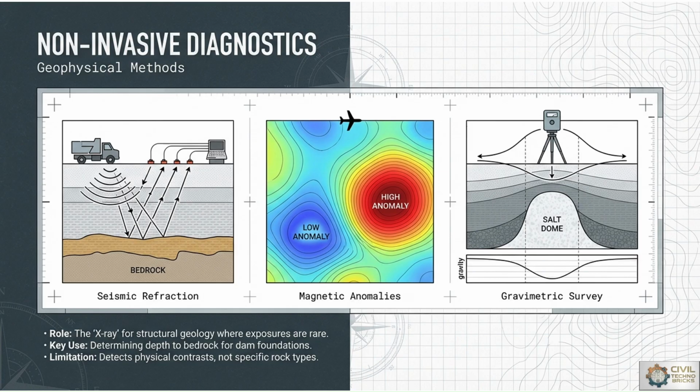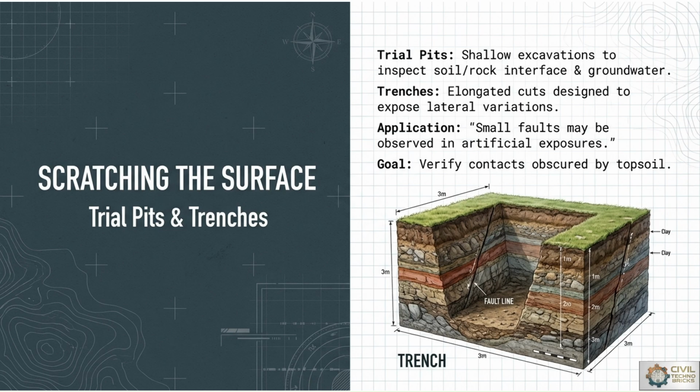Where there are numerous fluctuations in the rock layers or soil layers, they also detect the physical contrast between them. Scratching the surface is nothing but trial pits. The trial pits are shallow excavations made to inspect subsurface soil conditions directly. Trenches are longer excavations used to expose geological structures like faults, joints, or buried layers, as per the diagram.